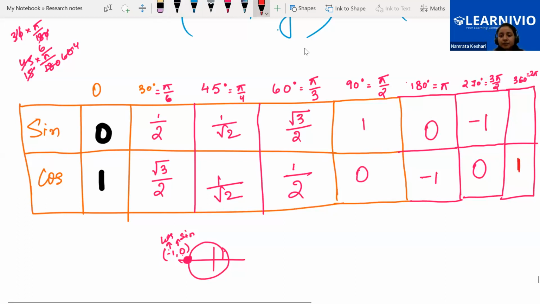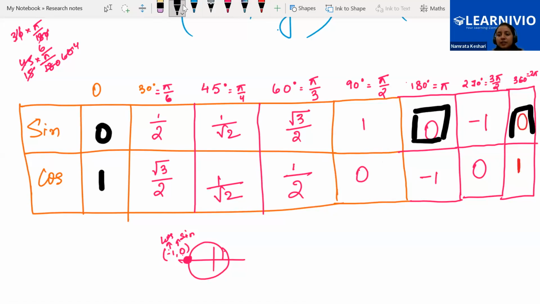Cos is 1, sine is 0. Can you see sine pi is 0? Sine 2 pi is 0. Can you see it over here? Sine pi is 0, sine 2 pi is 0.